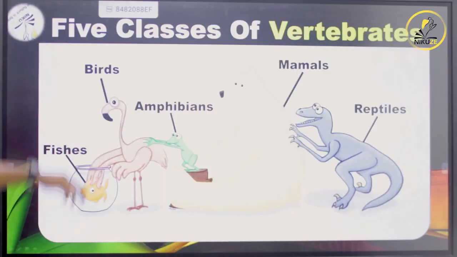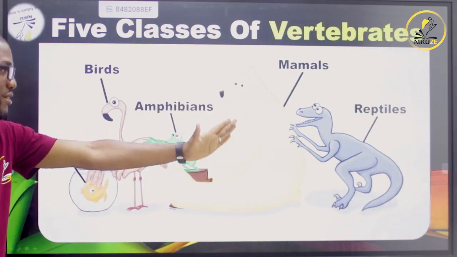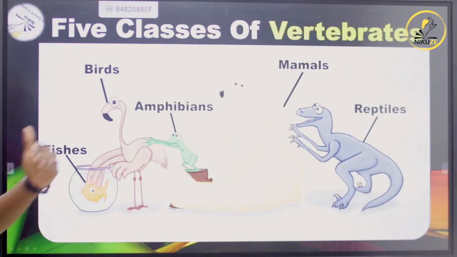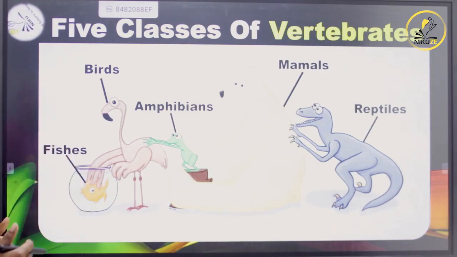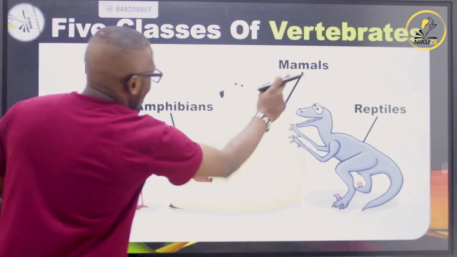We have the birds, the amphibians, the mammals, the reptiles, and also the fish. Now we'll start by looking at these categories one after the other, and our first one is the mammals.